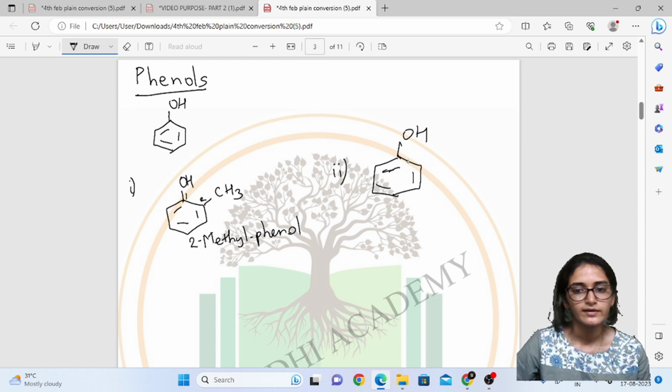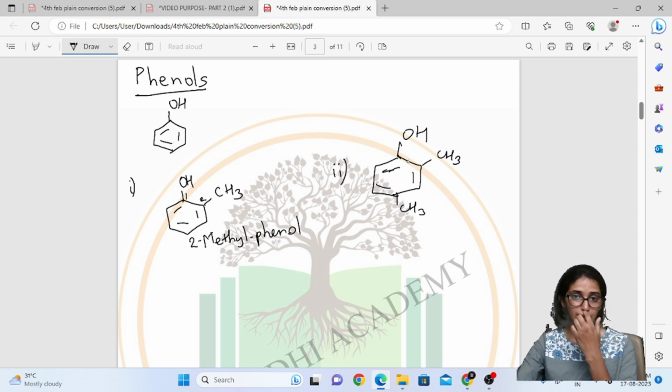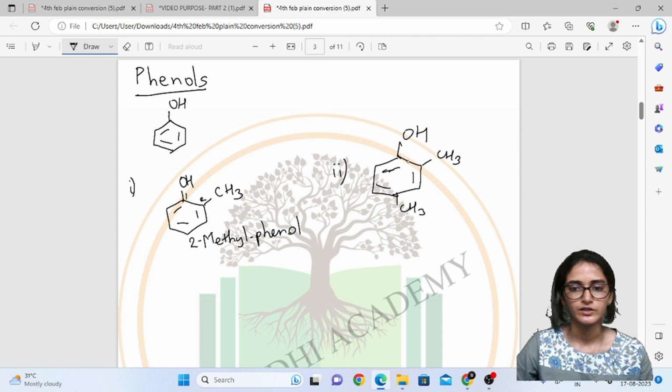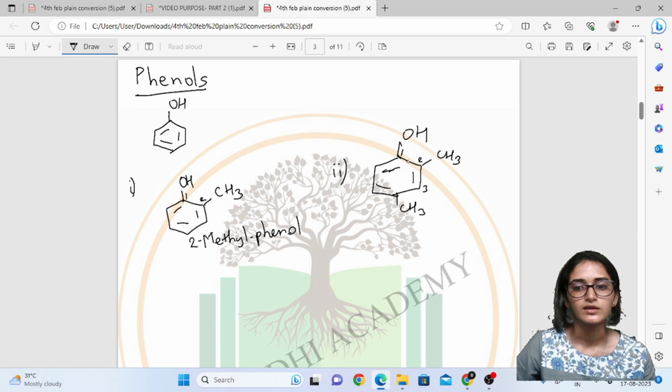Second example I will take OH and I will take CH3 and CH3. So here what will be the name? Now there are 2 methyl groups. So the name will be the same way as we were doing in open chain structure. So 1, 2, 3, 4.